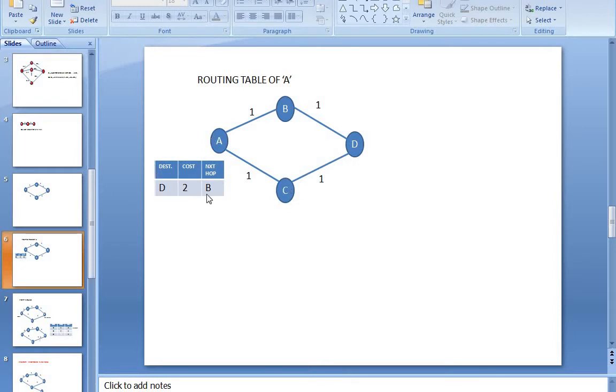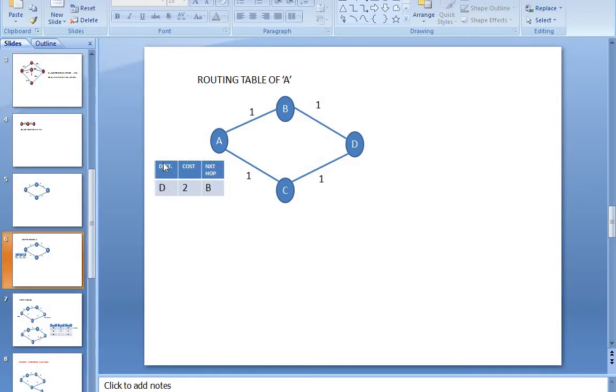Say this is the routing table of router A. If A is the source and D is the destination, then in router A's routing table, the destination column will get D because D is the destination, and from A to D the cost will be 1 plus 1, 2 hops are there, so 2, and the next hop is B. That means through B, router A is going to send the data to router D.